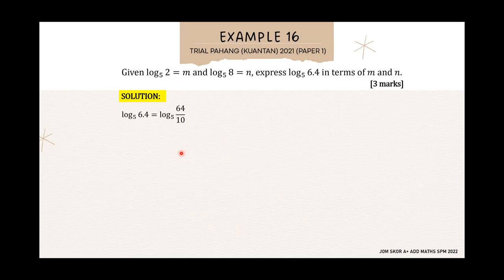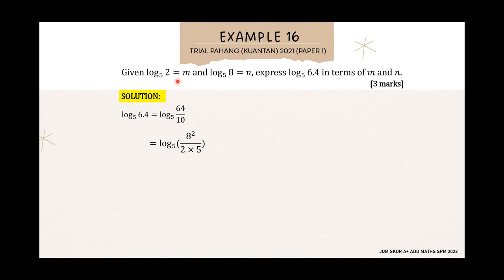Okay. Sekarang 6.4 bersamaan dengan 64 over 10. Macam mana pula nak dapatkan 64 ni? Dalam penggunaan 2, 5 dan 8. Kita tahu 64 is equal to 8 square. 10 is equal to 2 times 5. Okay. 64 bersama dengan 8 square, 10 bersama dengan 2 darab 5.